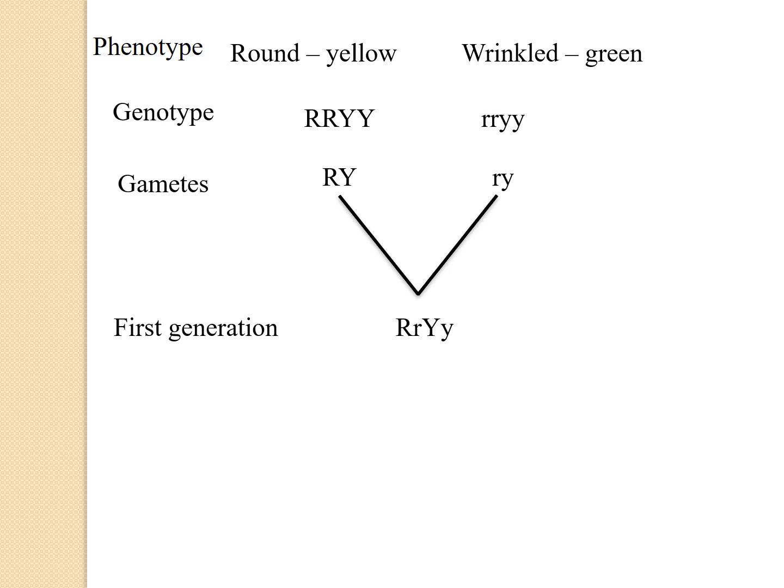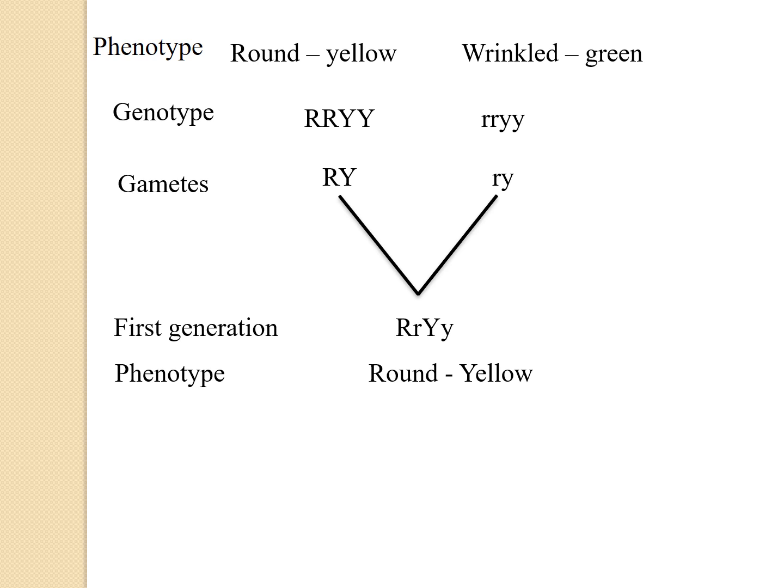Even though it is a heterozygous condition where it has got dominant as well as recessive, the phenotype is going to be round yellow. Why round yellow? Because the dominant genes are going to get expressed. Even though in the genotype recessive genes are present still, the dominant gene will get expressed. I hope this is clear.